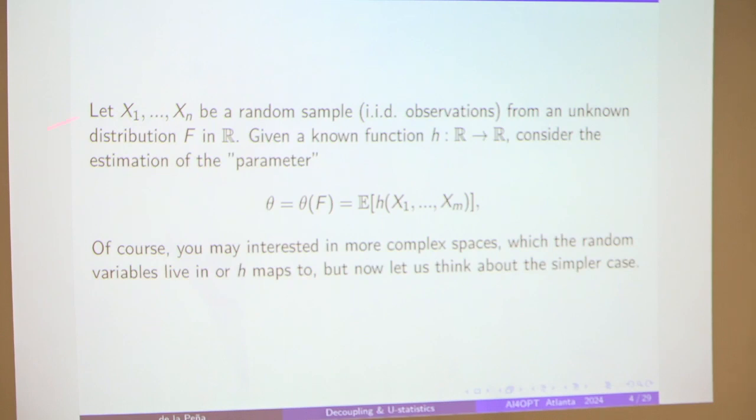We want to estimate the expected value of a function h of X1 up to Xn. We are interested in functions in a Banach space, for example, but the results are not necessarily tied to real valued.